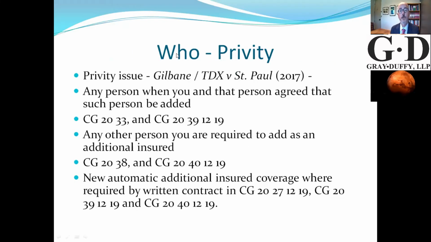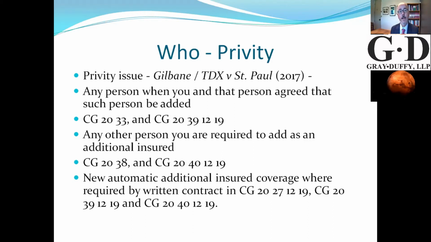Who is insured, who is an additional insured, also brings up this issue about privity. This came up in a case in New York called Gilbane TDX versus St. Paul. And the endorsement there provided that additional insureds include anyone with whom you agree to name as an additional insured. And the court interpreted that very specifically to mean just the counterparty with whom they were contracting.